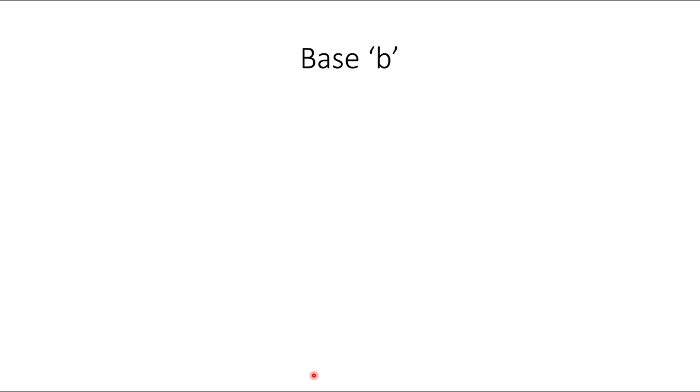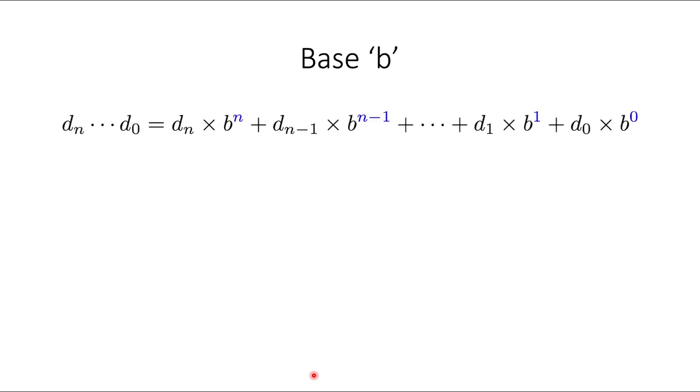Let's talk about this base b system in more detail. Like before, I have some kind of rule where I take a string of digits, dn going to d0, and I write them in terms of powers of b, which determines the quantity that this particular string represents.